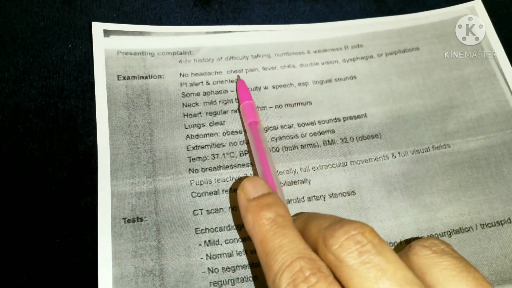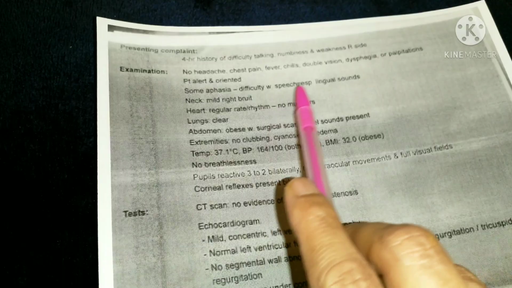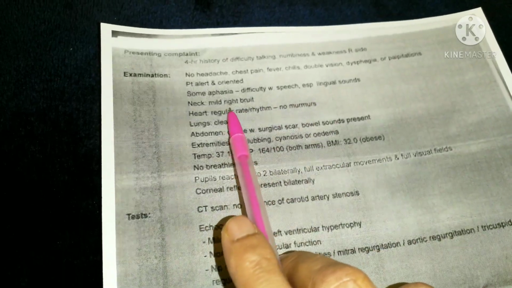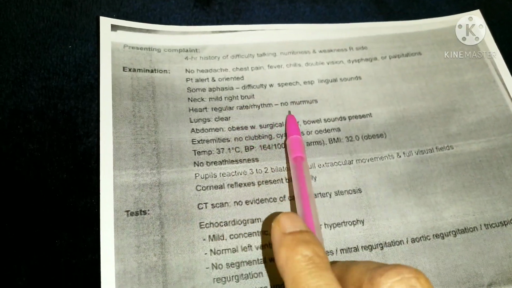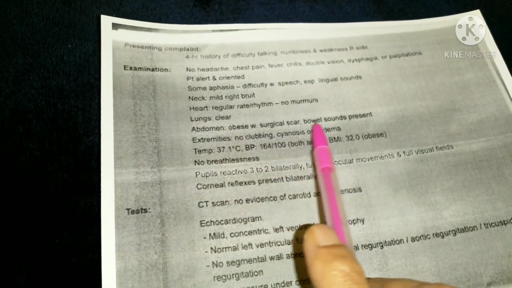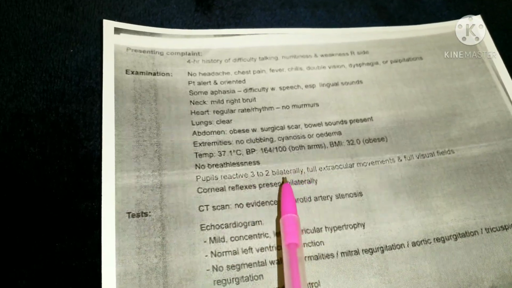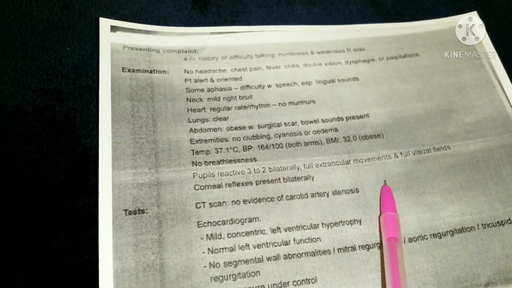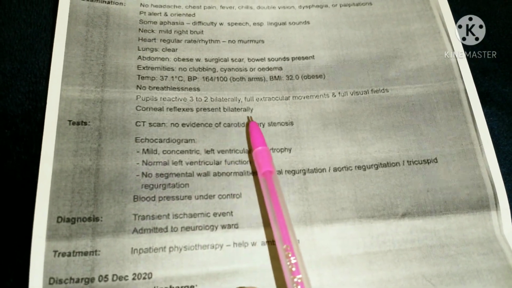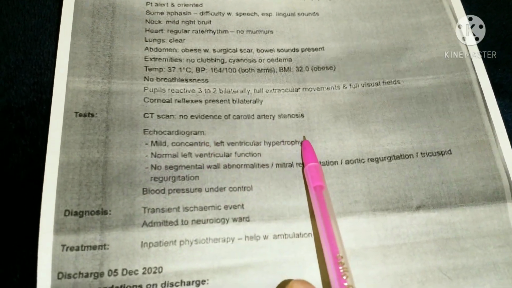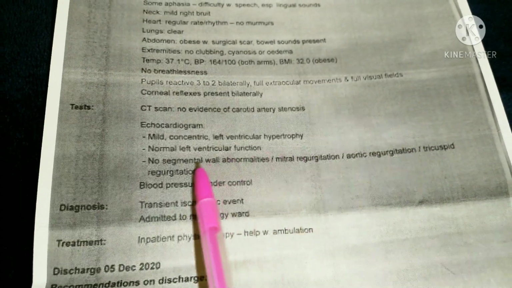Next we go to the present complaints, how she was admitted. Mrs. Craven was hospitalized with right-sided weakness and numbness which lasted for 4 hours. Then we can write what we found on examination. On examination, her blood pressure was found to be elevated.